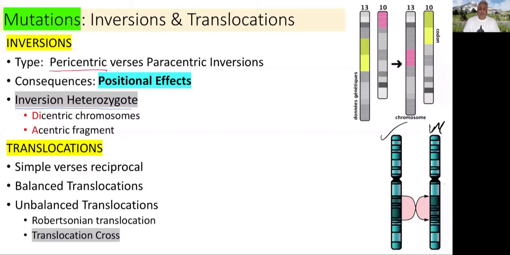So translocation simply means that a segment of chromosome has broken and has attached to a different region of the genome. In the figure that you see here at the top of the slide, we're dealing with chromosome 13 and chromosome 10. So chromosome 13, in this case, is going to be this one here, even though it looks larger than 10.